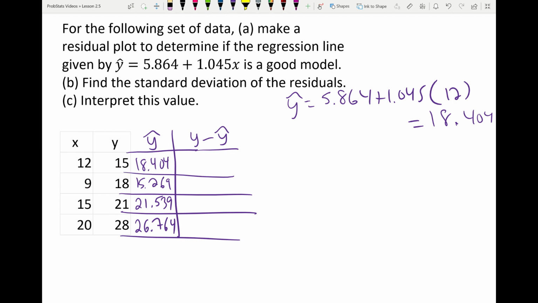That's 15 minus that number, so negative 3.404. Now we're subtracting 18 minus 15.269. 2.731. Negative 0.539, and then the last one, 1.236.